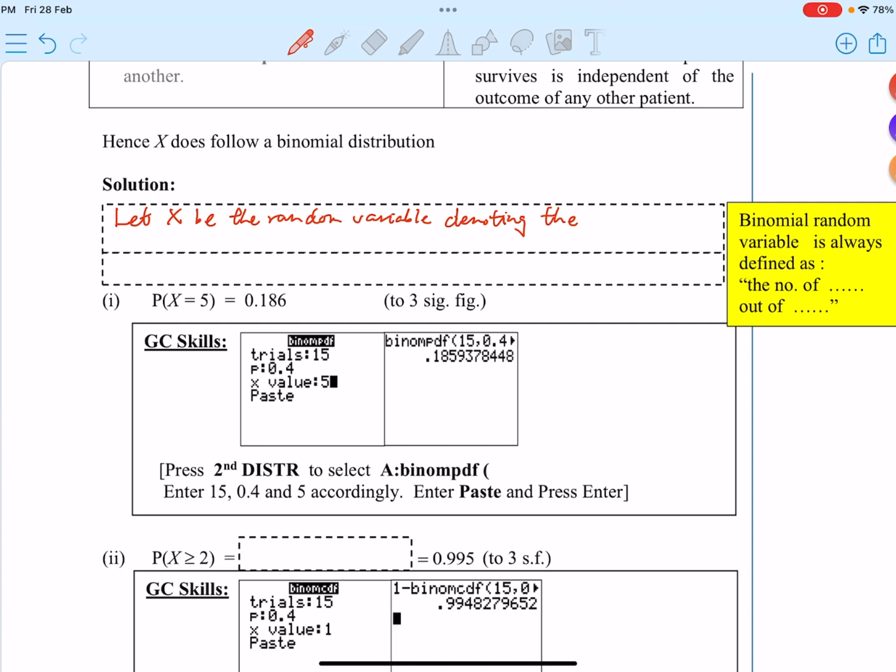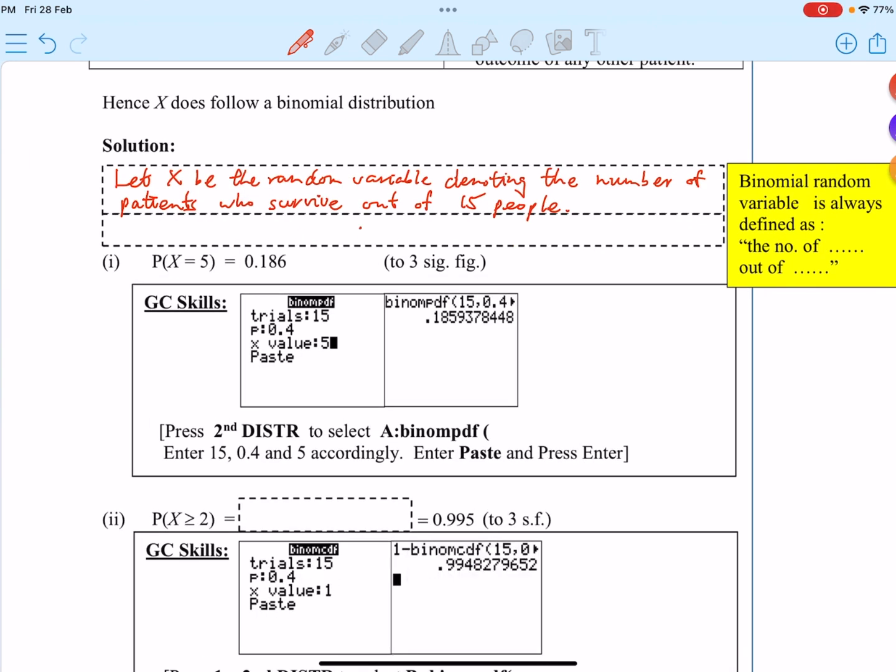So you write the number of patients who survive out of 15 people. X follows a binomial. So what's the number of trials? You're looking at 15 people, so your n is 15.